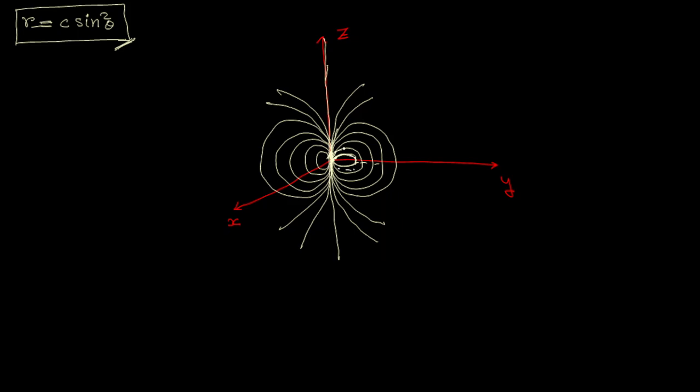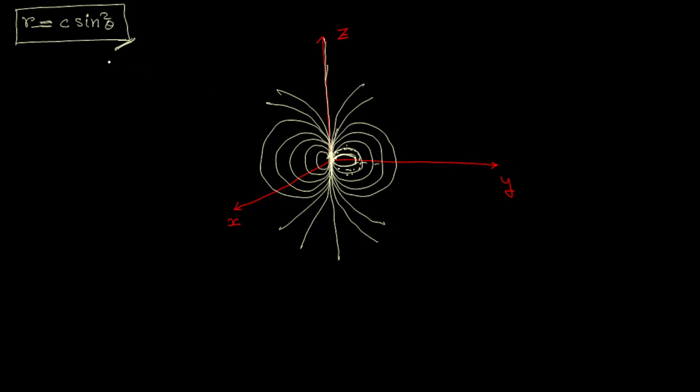If we place it here, then this charge will follow this path. And if you connect all the points of its path, it will give you this type of curve.